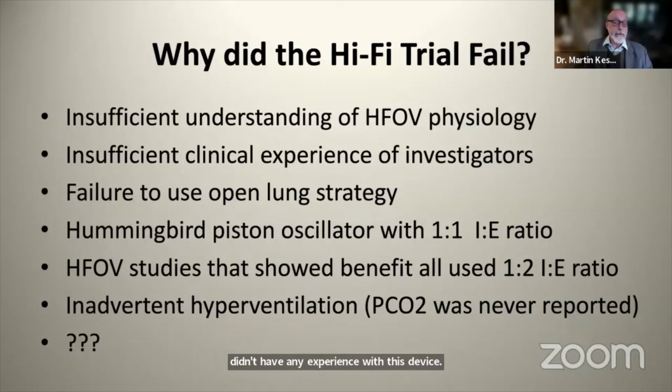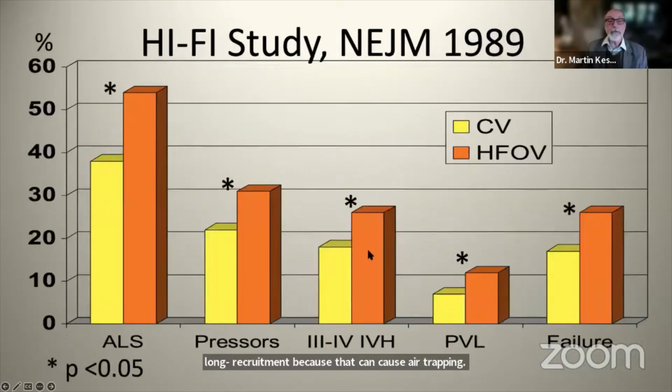Clearly, they did not target the open lung strategy. But perhaps the problem also was the use of the hummingbird piston oscillator with a 1-to-1 IE ratio and without lung volume recruitment, because that can cause air trapping. All the adverse consequences that you see here could in fact be explained on the basis of air trapping.